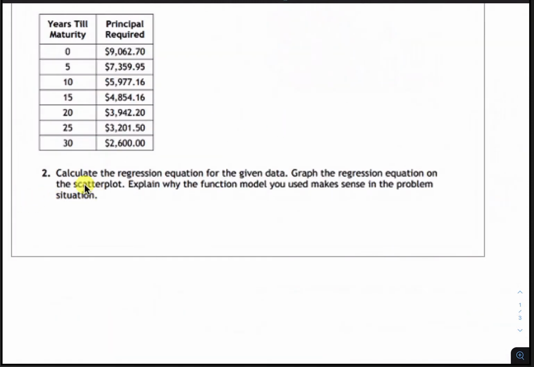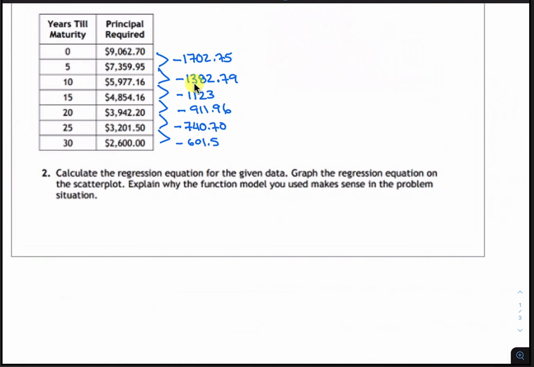All right, now question number 2, it says calculate the regression equation for the given data. Well, to calculate the regression equation, we need to decide if this is going to be linear or exponential. So let's look at the difference between each number. To get from the 9,000 to the 7,000, you'd be subtracting this 1,700. And then to get from the 7,000 to the 5,000, you'd be subtracting 1,300.